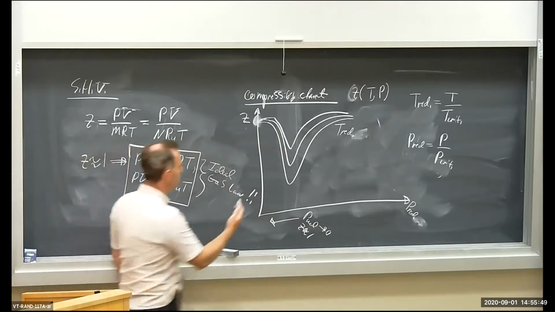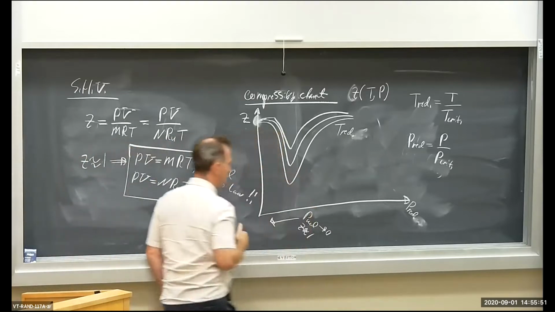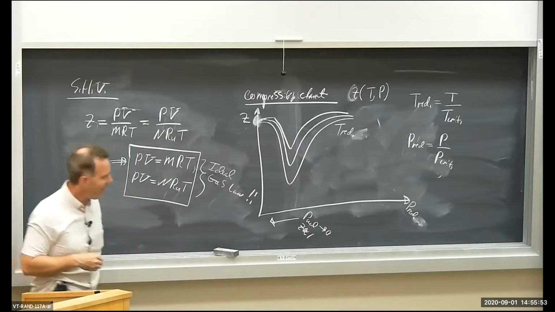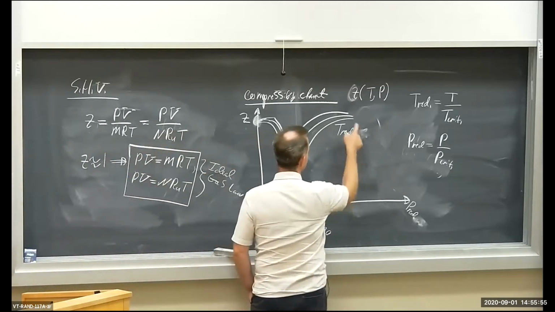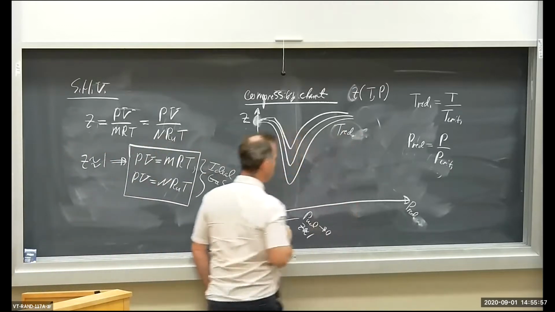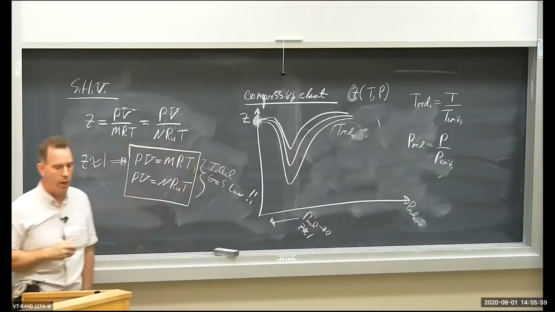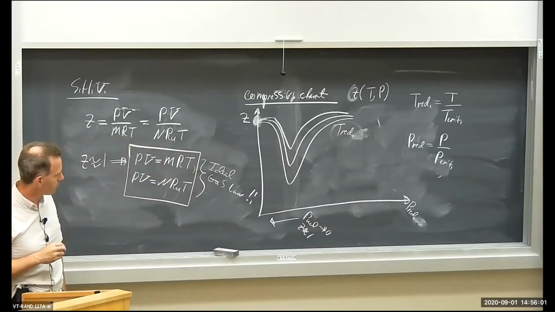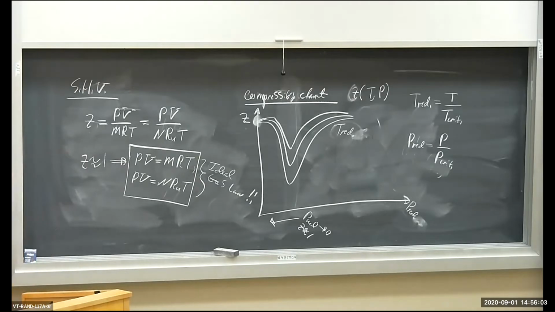So as we move this way on the chart, for any reduced temperature, Z approaches 1, okay? Now let's go back to the compressibility chart. So low reduced pressure means that we can use the ideal gas law. Z is approximately equal to 1.